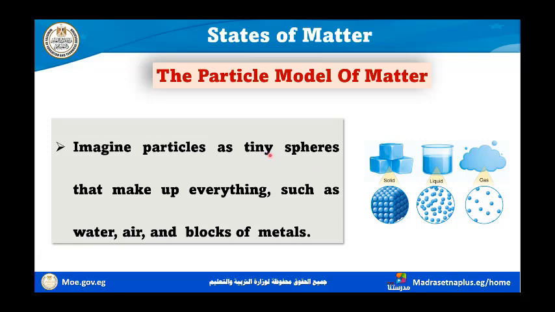So the particles are tiny spheres that make up everything around us, such as water, air, and blocks of metals. So we will imagine the constituents of each state of matter as tiny spheres. These tiny spheres are the particles of the matter.